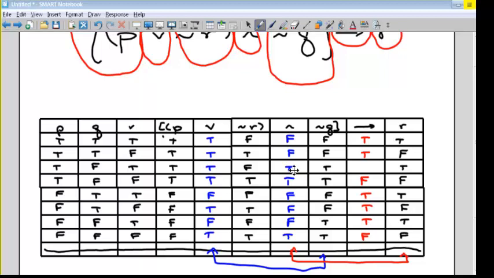And the other one that we have here is true, true, so that's also true. And so that's the result. Okay, so that's the answer. True, true, true, false, true, true, true, false.